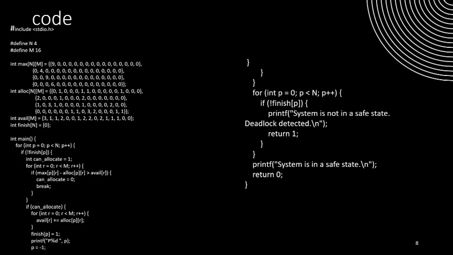So in the main function, we define this. In the code, we firstly define the max. You are seeing this; we are defining the max.